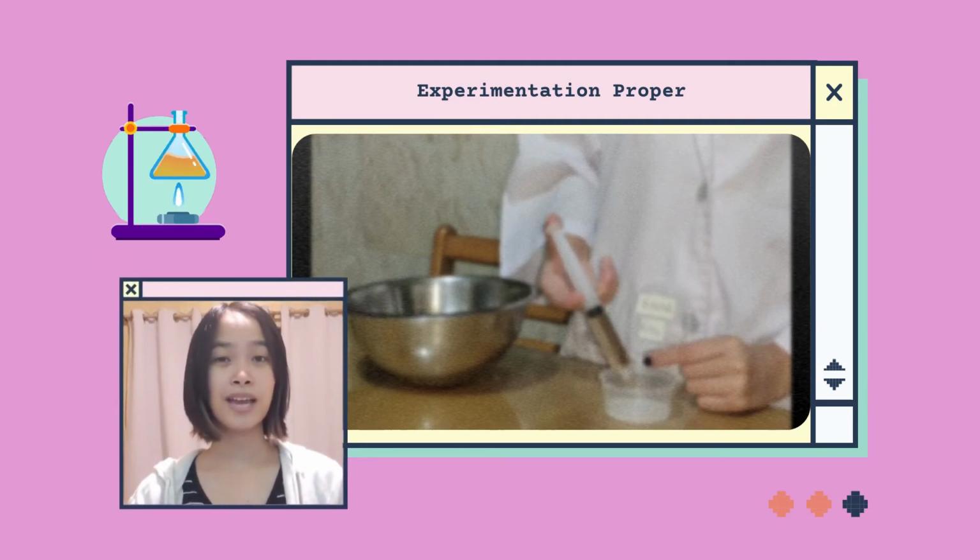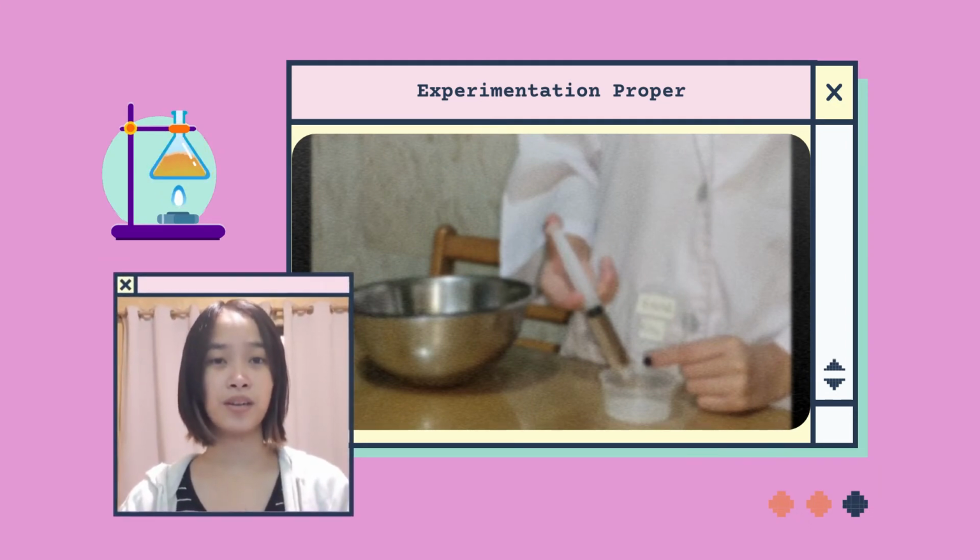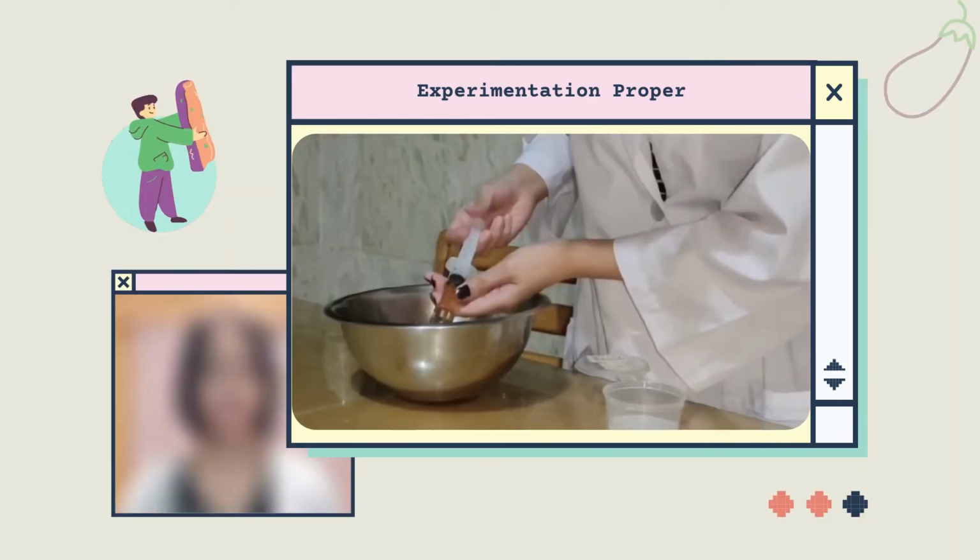Next is to put 10 ml of our natural pH indicator in each of the samples.